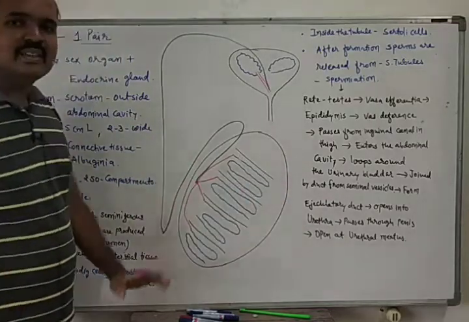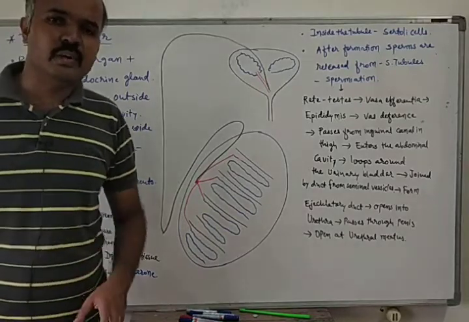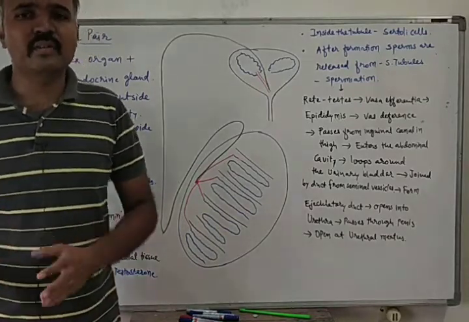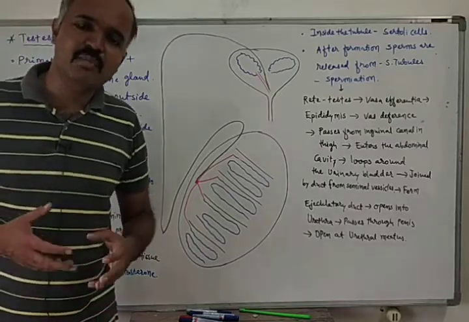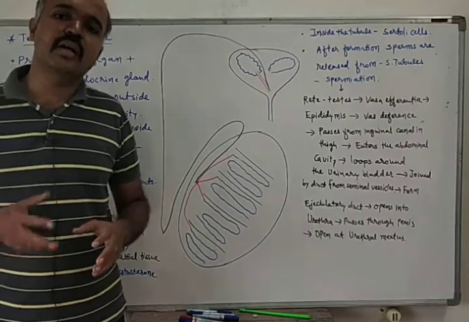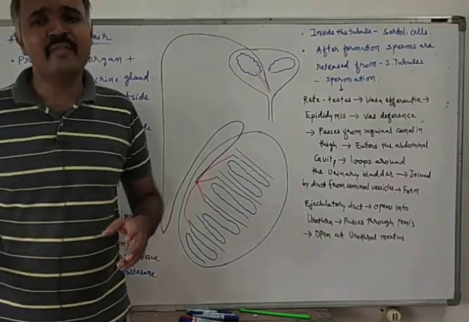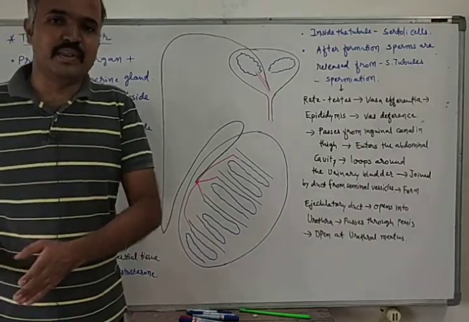One more point is left, that is the temperature of the scrotum. The temperature of the scrotum is generally 2 to 2.5 degrees Celsius less than the body temperature. Our average body temperature is 37 degrees Celsius, but the scrotal temperature is 2 to 2.5 degrees Celsius less. Why?